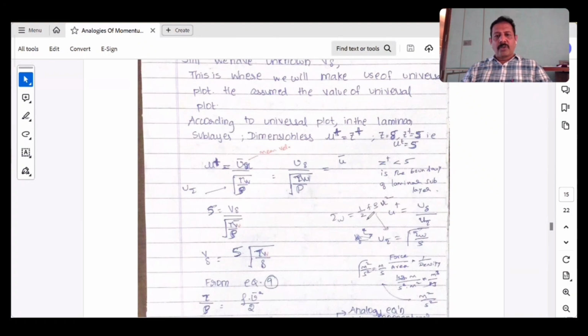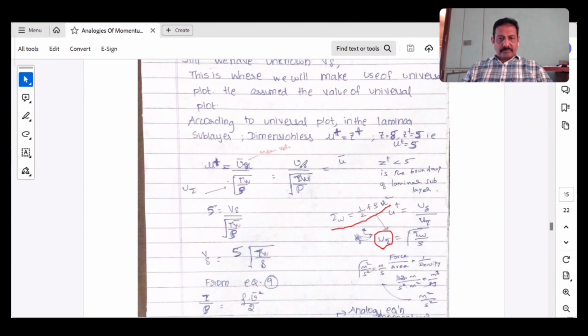We know that tau W is F rho V square. So from this, the velocity at the wall is called the friction velocity. U tau is equal to root of tau w by rho. Okay, it's nothing but the dimensionless velocity: the mean velocity in the numerator, the velocity at the wall in the denominator.